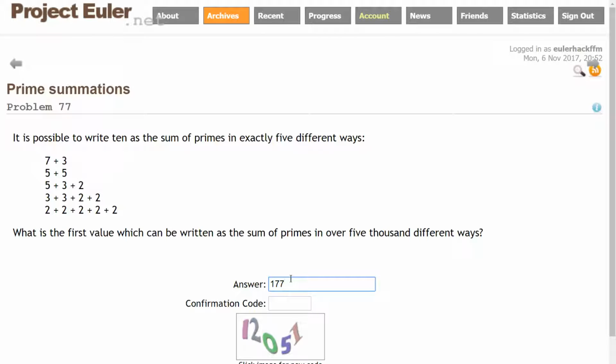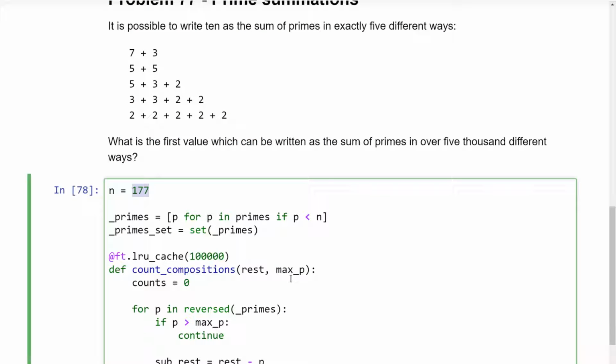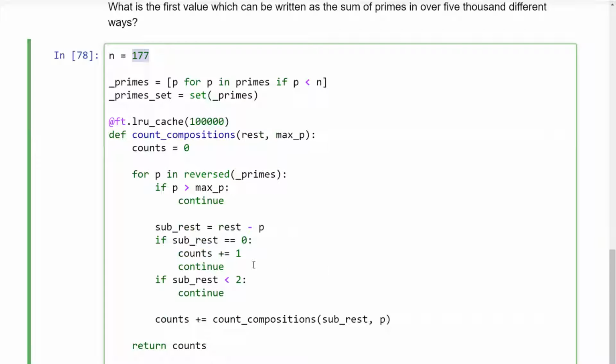Or not. I misunderstood. I bet this is just completely wrong. So let's see. I don't know. What about? Oh, this is bullshit.